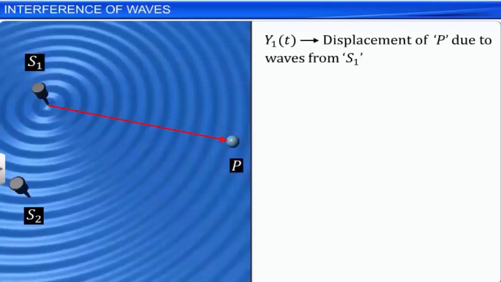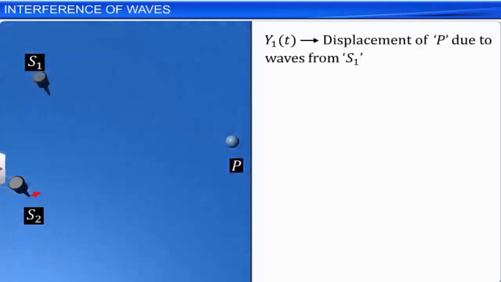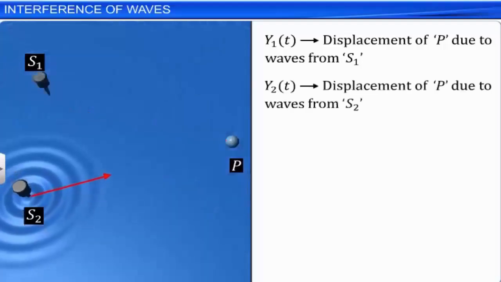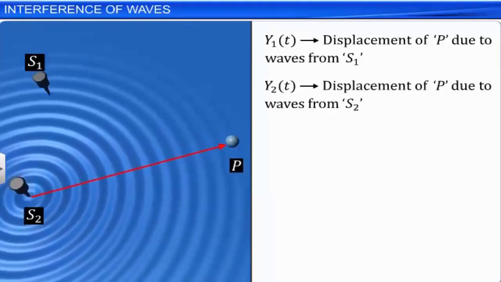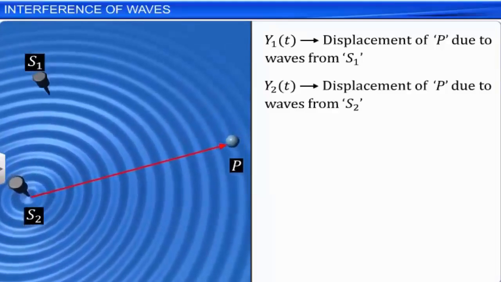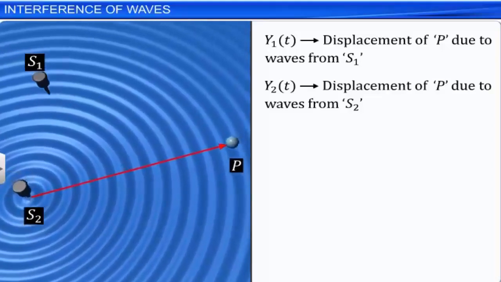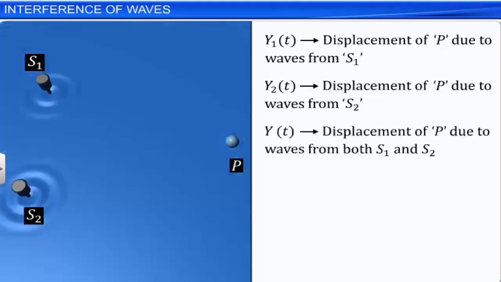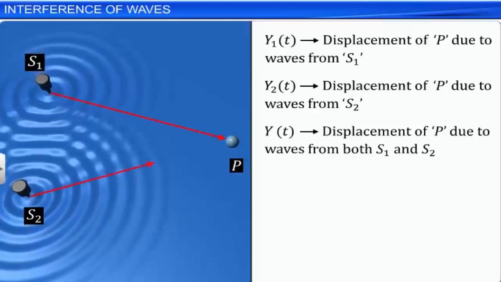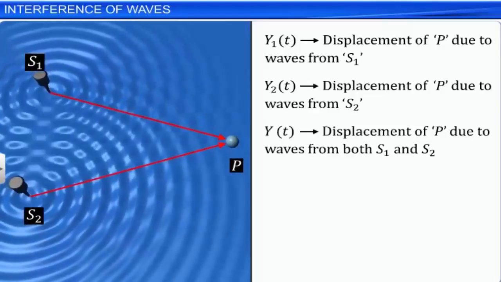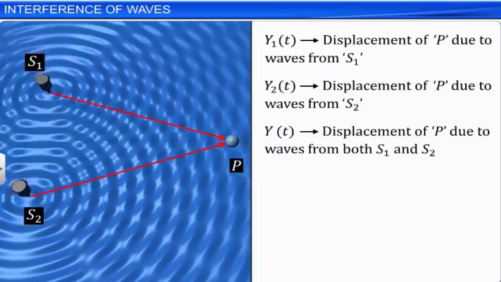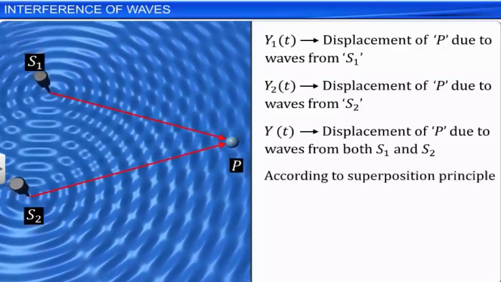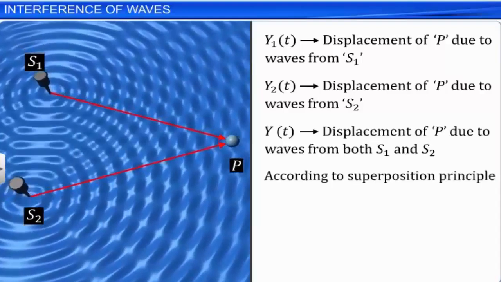Similarly, when waves generated at S2 reach the point P, the displacement caused is given by y2(t). If waves from both S1 and S2 reach the point P simultaneously, the resultant displacement y(t) is given by the superposition principle as y(t) = y1(t) + y2(t).